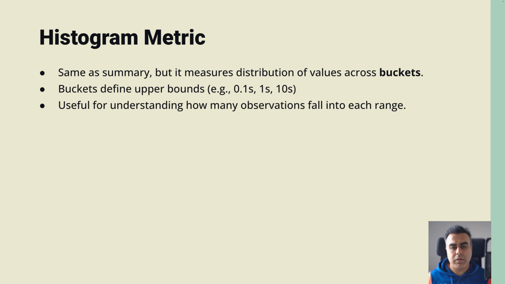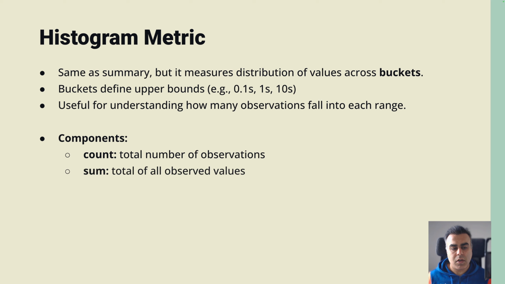And it's very useful for understanding how many observations fall into each range. Like the summary, it has three components again. The first one is count, same as the summary. Sum is the total of the observed values, again like the summary. And the last one, instead of quantile, it has buckets, which are counts for each defined range.